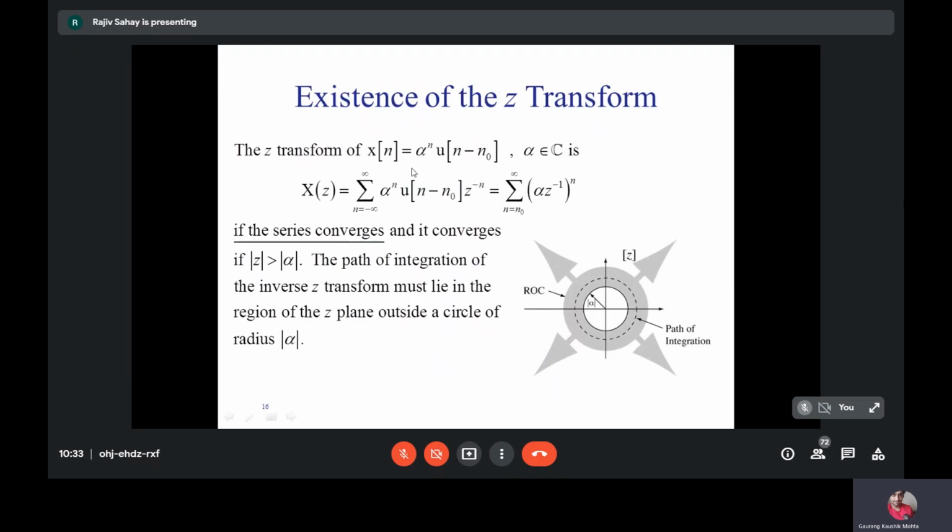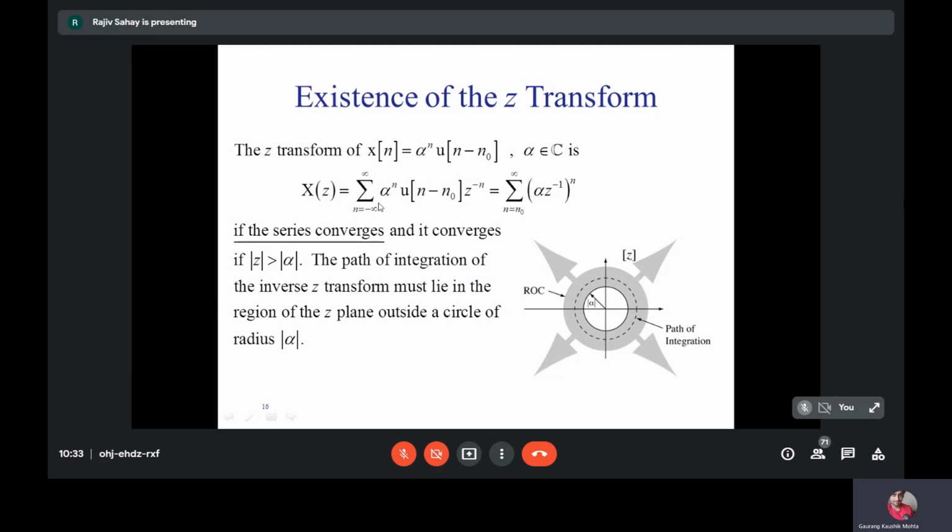So let us look at the first type of complex exponential. So alpha to the power n, u of n minus n naught, where alpha can be a complex number. Okay. So X of z is given by this bilateral z transform, and it can now be written.